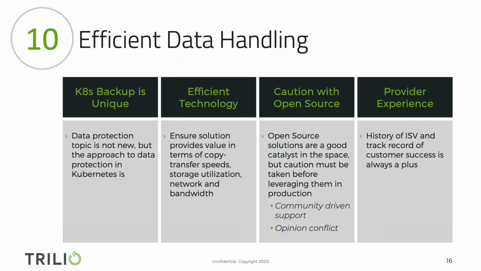We also see a lot of different open source solutions emerging in the market. So making sure that your solutions are properly supported by a well-known vendor with a good history and track record of doing data protection becomes important.